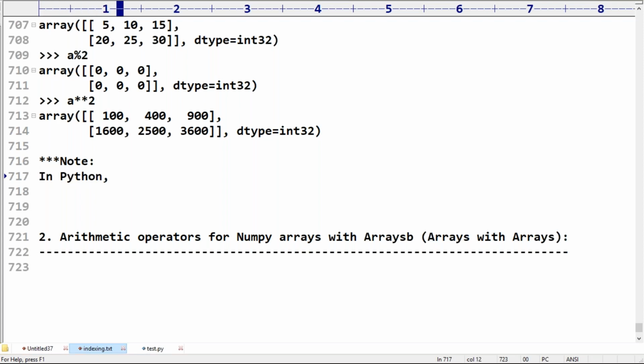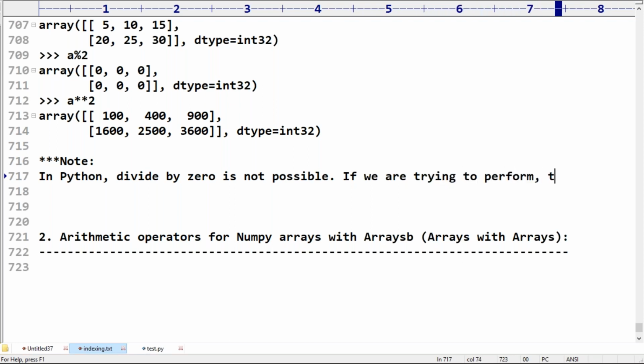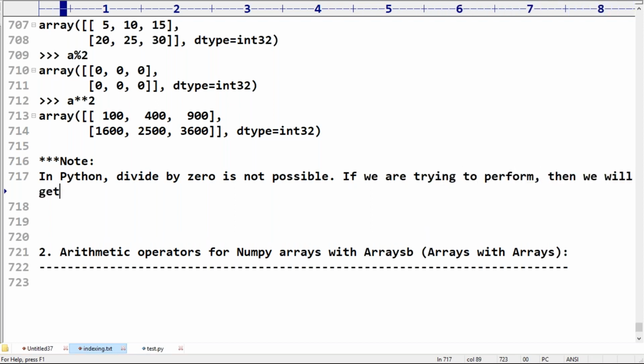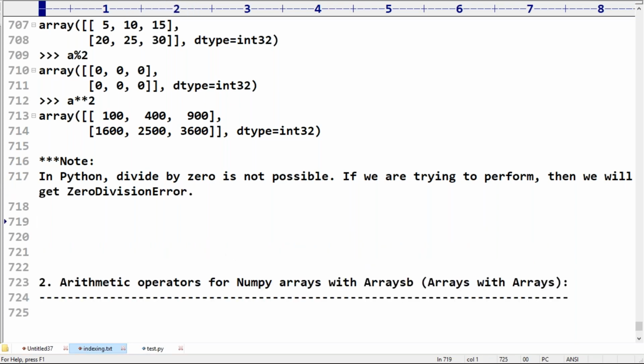In Python, 0 divided by 0 is not possible, so if we try to perform it, then we will get a ZeroDivisionError.